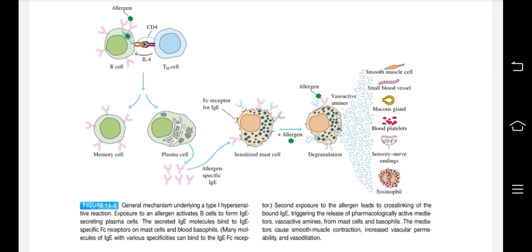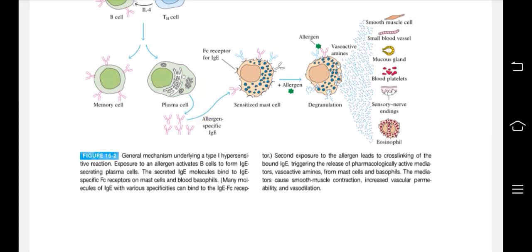Degranulation occurs and vasoactive amines are formed, which eventually produce results like smooth muscle contraction, and effects on small blood vessels and mucus glands. In all these regions, this will create some sort of reaction. Blood platelets are affected, as are sensory nerve endings and eosinophils.